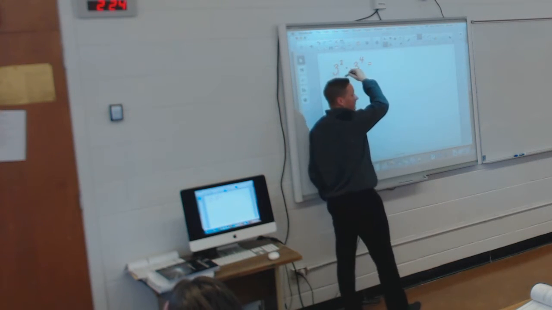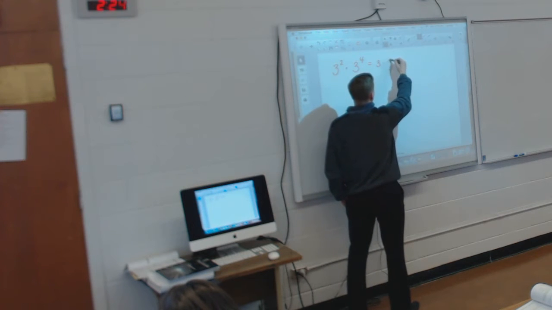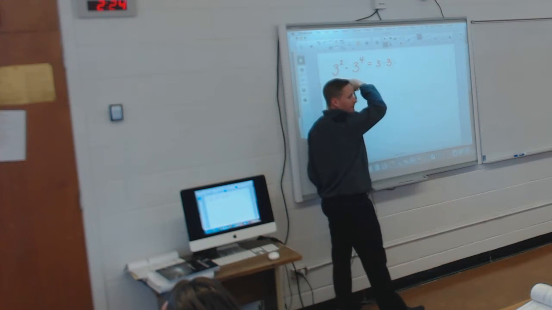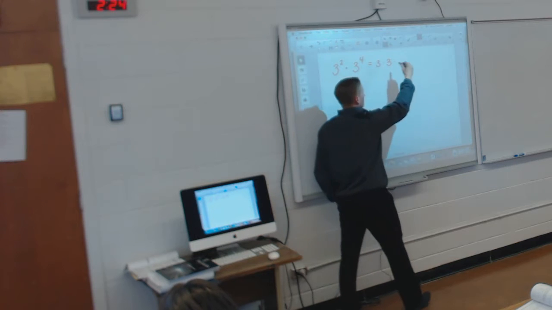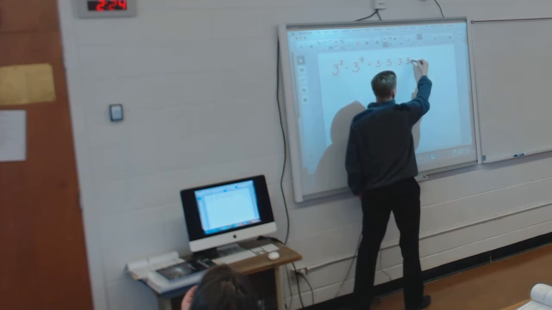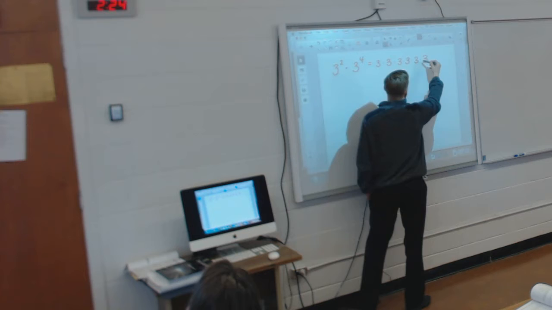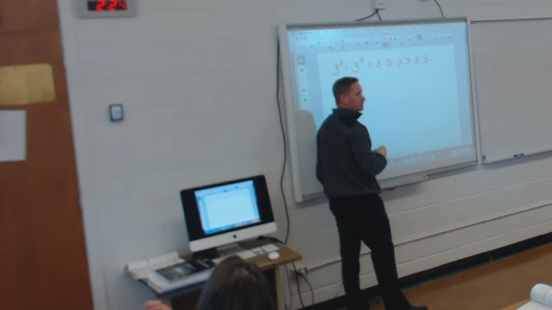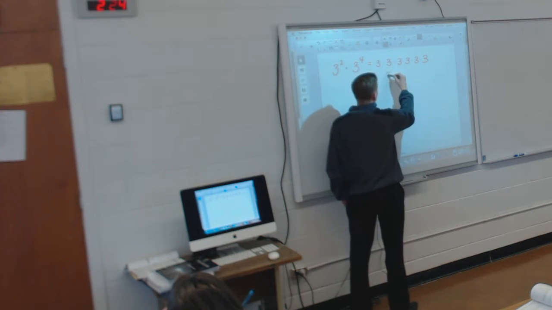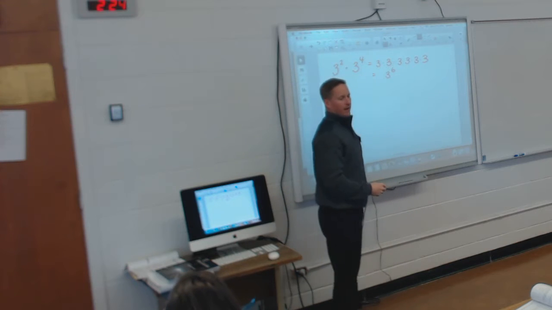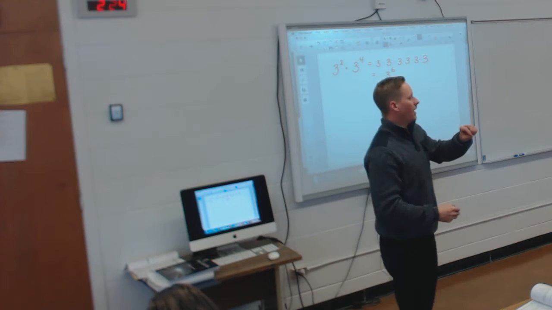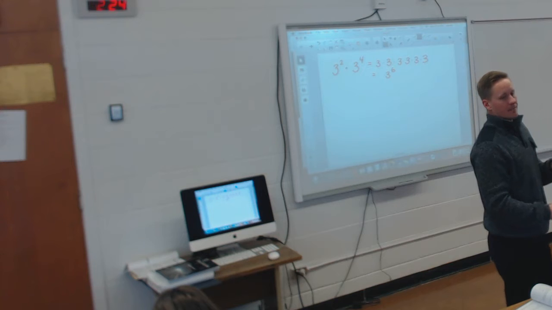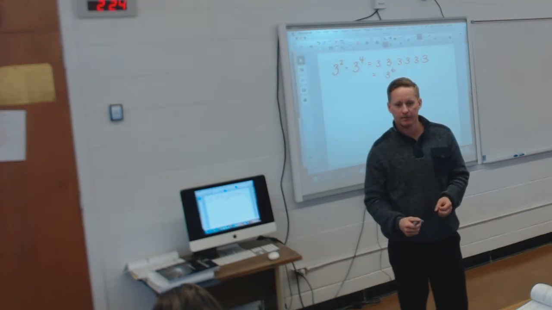How many 3's do I have here? 2, and then I have 4 more here. So how many do I have total? 6. So it's 3 to the 6. That's right. When you multiply two values together with the same base, you add their exponents together.